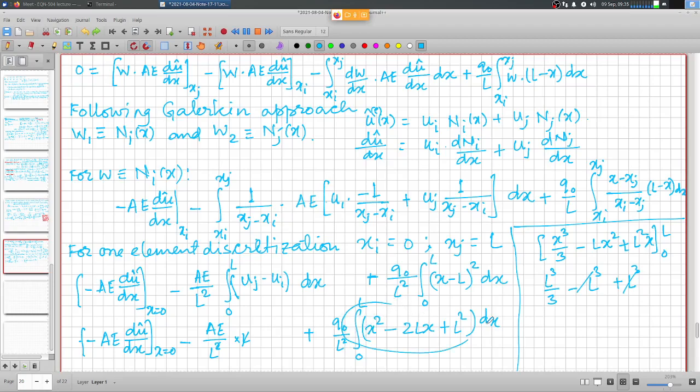So this entire expression changes to Q0L by 3.